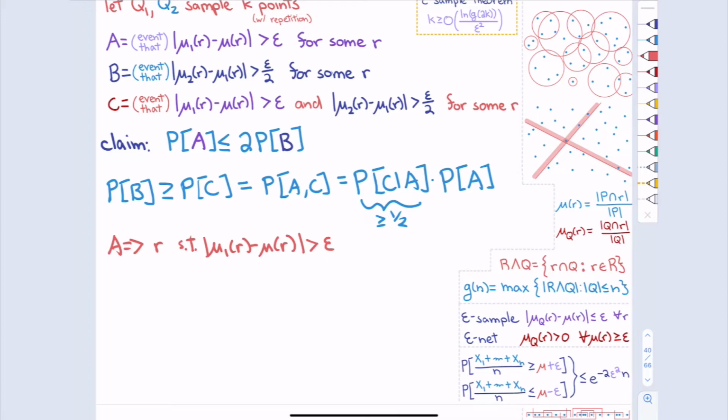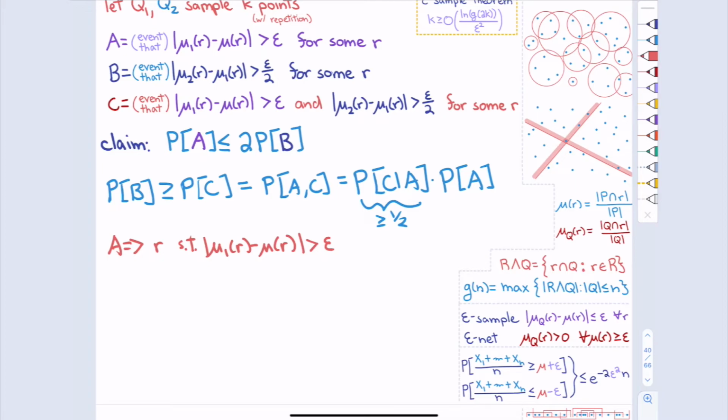I was thinking of something of the form where we will have K points where the density within these K points is say 1/2, and then the density outside of these K points is 1/4. So if you sample from these, your density measure will be closer to 1/4 than 1/2, something like that.